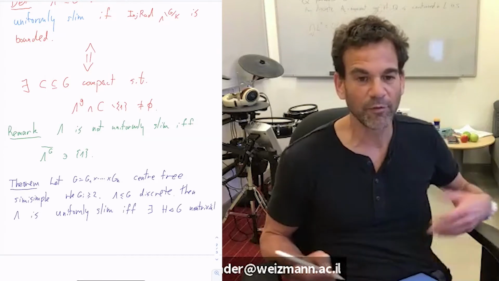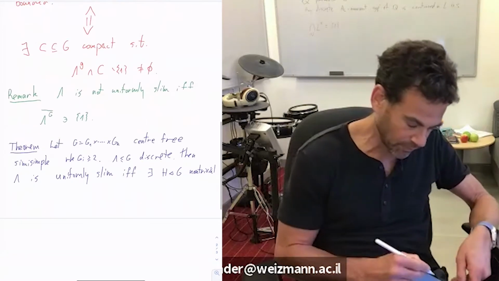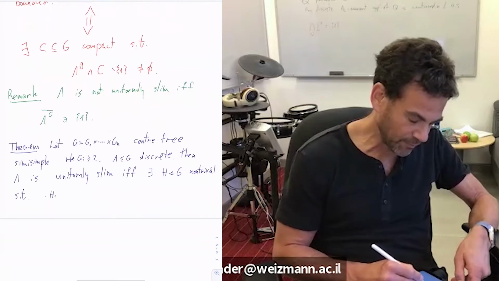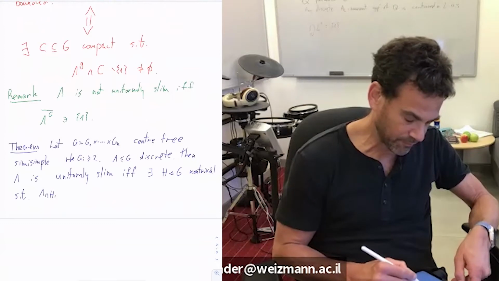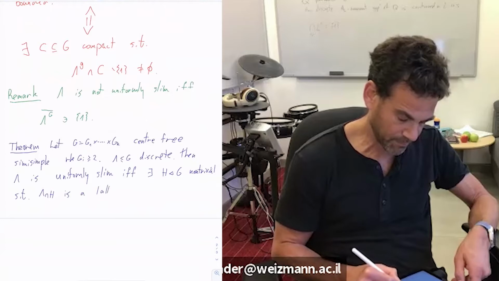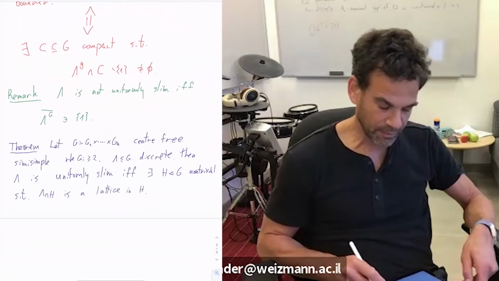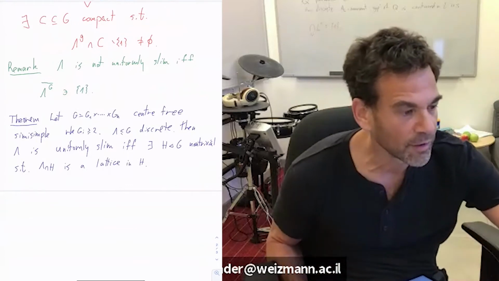It's a normal subgroup, so it means that it's a product of some of the factors, such that H intersect lambda is a lattice in H. So that's the theorem in that case.